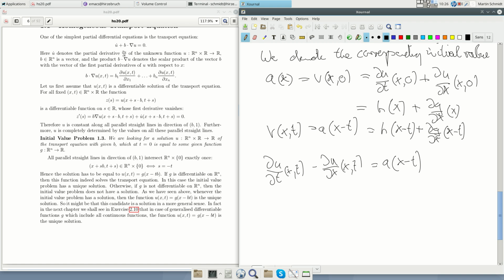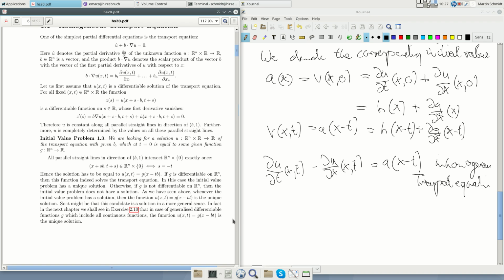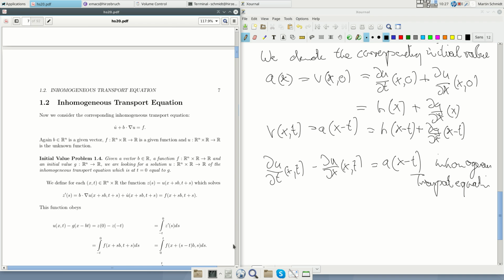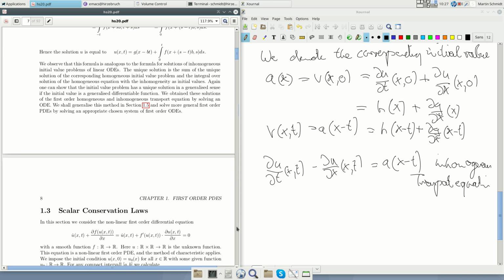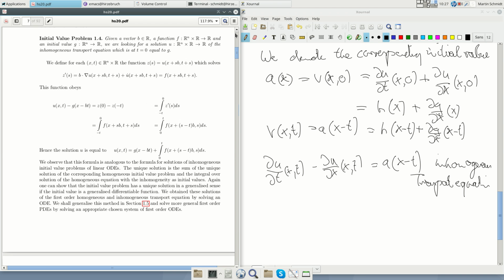This is now the inhomogeneous transport equation, which we also solved. So let's look at the formula for the inhomogeneous transport equation. This is our formula.